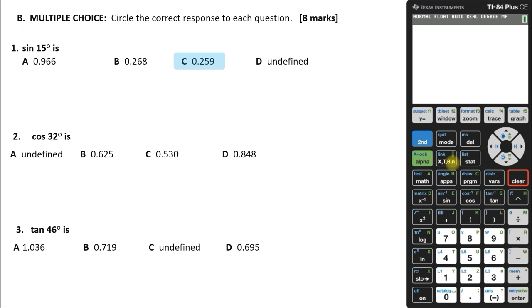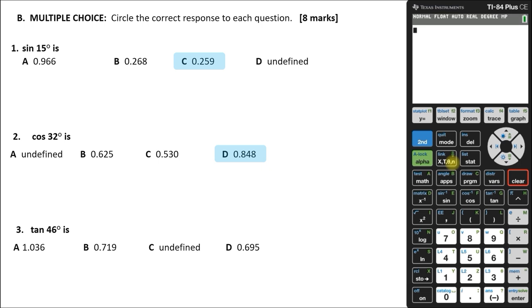Question 2 asks, what is the cosine of 32 degrees? Here we choose the cosine button, enter 32, hit enter or equals on your calculator for an answer of 0.8480.